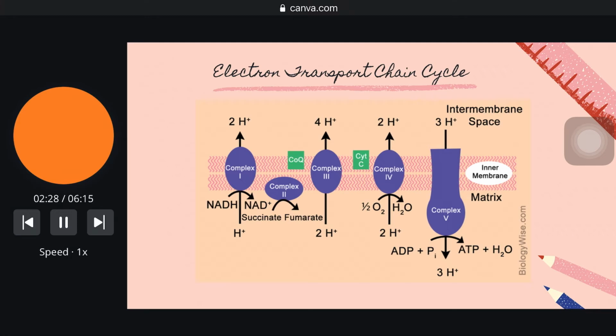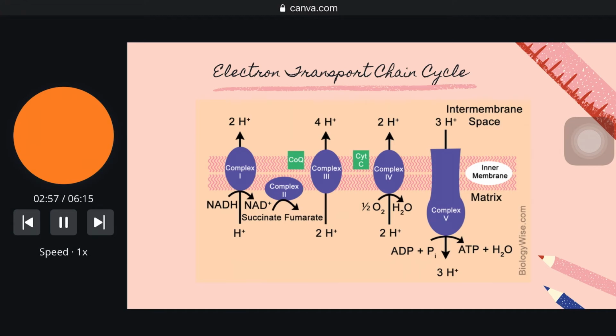As the electron arrives on complex 1, the complex immediately goes through a series of redox reactions. This reaction creates a proton pump within complex 1, pumping 4 protons from the matrix through the protein into the intermembrane space. The electron is now transferred to mobile carrier Q, and NAD+ returns to its original source to pick up more hydrogen ion.